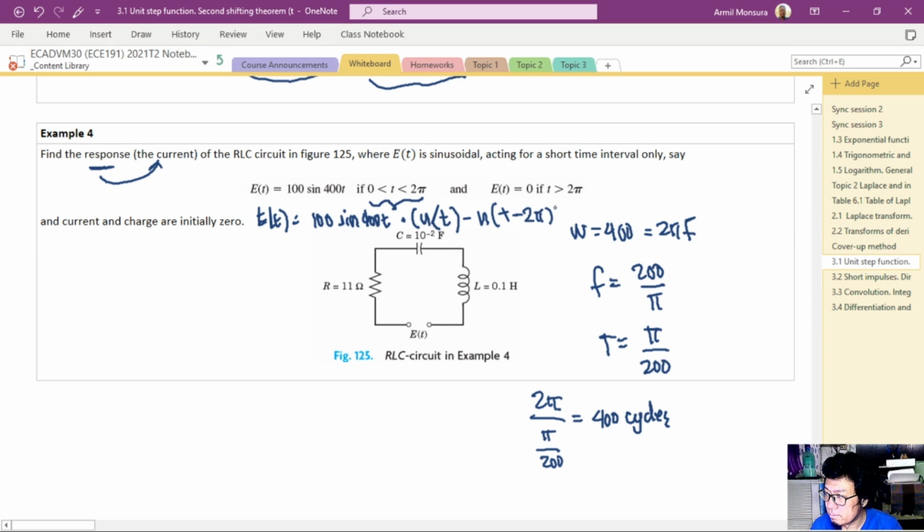So that would be your E of t. This ensures that your 100 sine 400t would only act in between 0 and 2 pi.